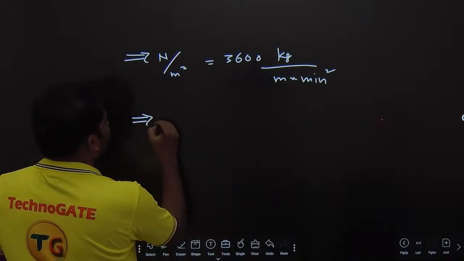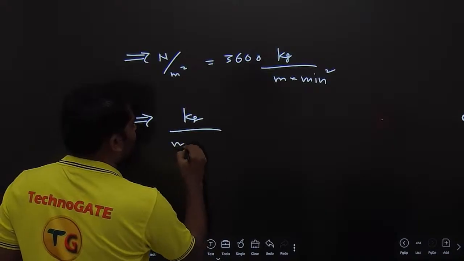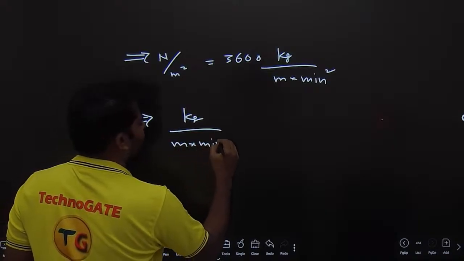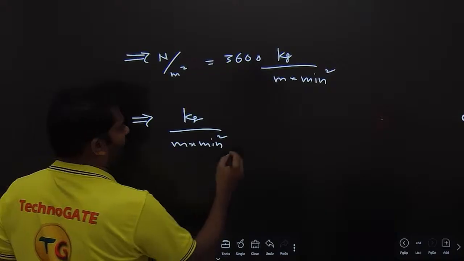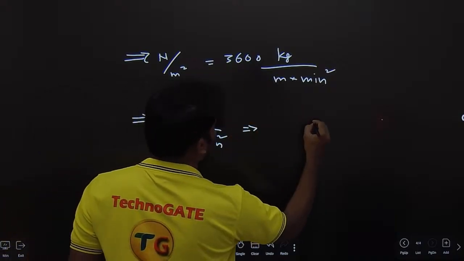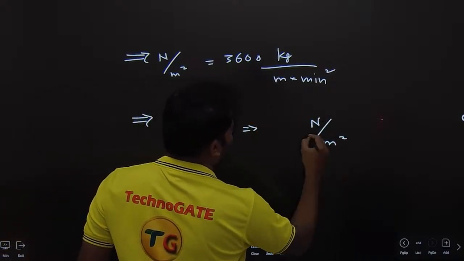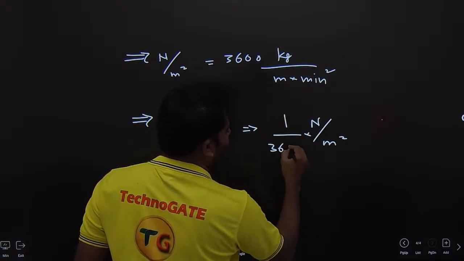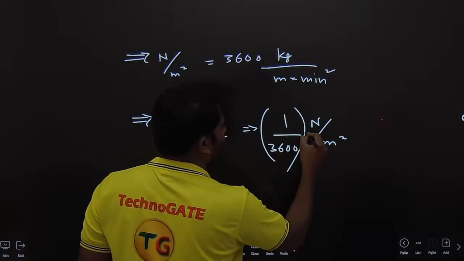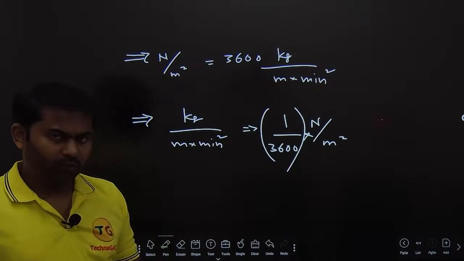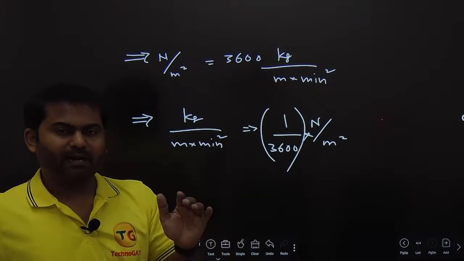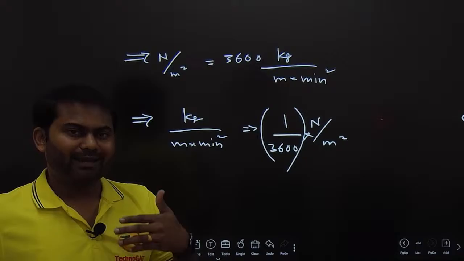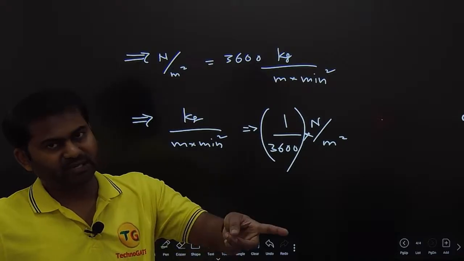So when you are measuring in kg, minute and meters, kg per meter into minute square, if you want to convert to Newton per meter square, you need to multiply by 1 by 3600. In the question, mass is taken as 1 kg, length is taken as 1 meter, but time is taken as minutes.